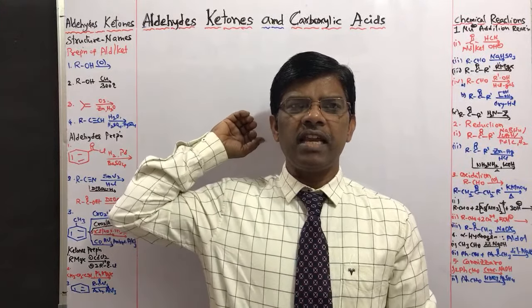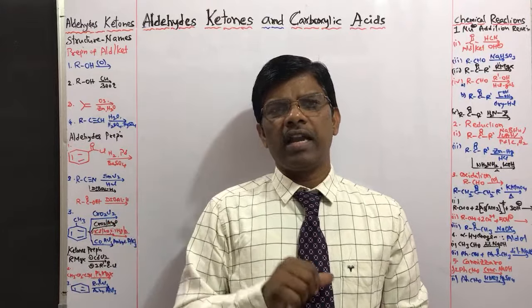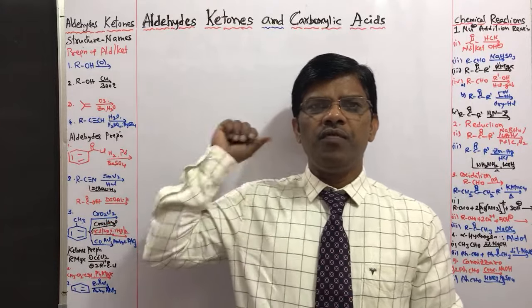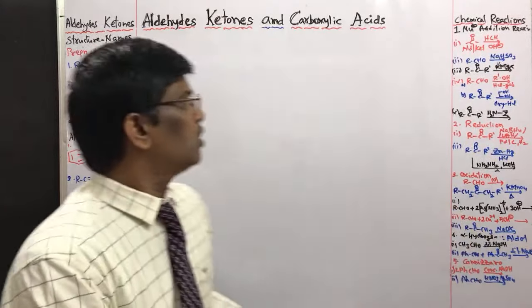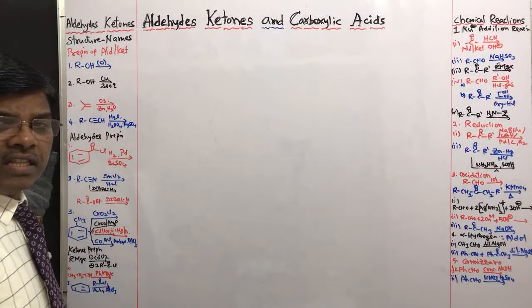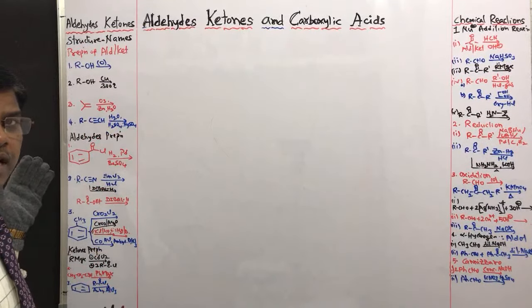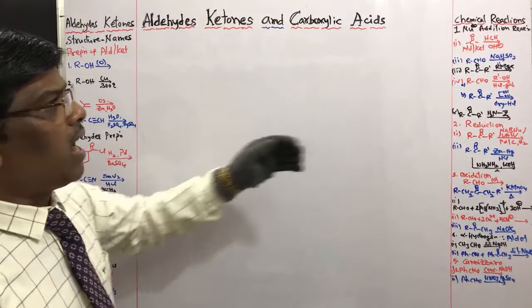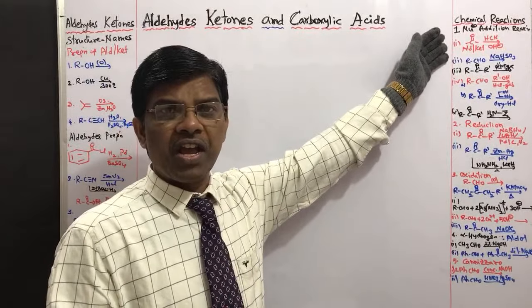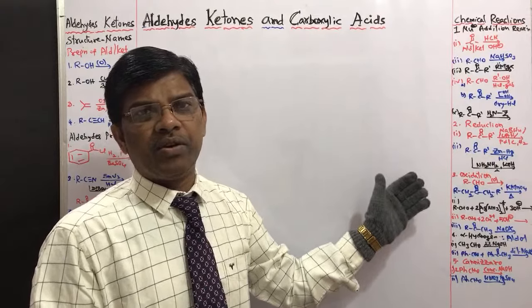So this category of compounds plays a very big role in organic chemistry. We will learn in detail about their preparation, structural elucidation, nomenclature and the various methods available for the preparation of aldehydes and ketones, and the chemical reactions which these compounds undergo.